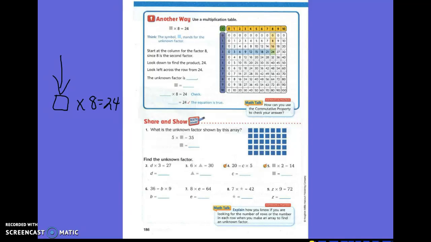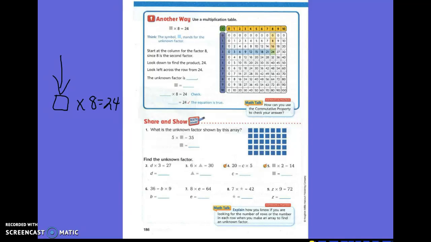To find it on the table, you can start at the column for 8. Since 8 is the second factor, go down for the second factor. And you go down until you find the product 24. So from going to 8 and going down to 24, stop there. Now look across. Going across, there is a 3.